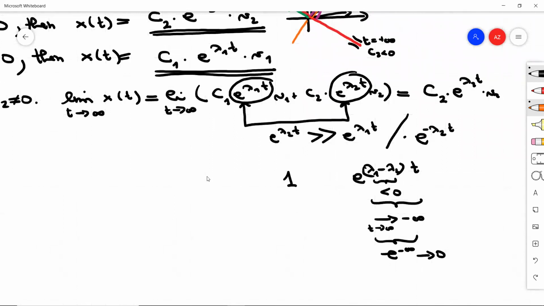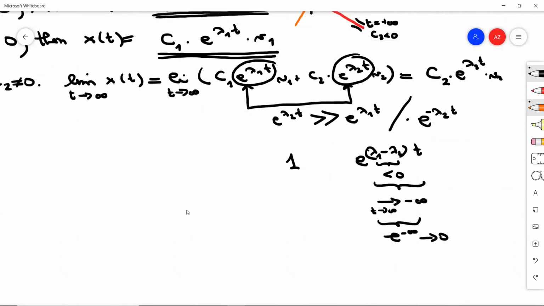And then to see the behavior of our curves, we will also compute the limit when t goes to minus infinity of x of t. Now I won't rewrite everything again, but if we observe the brackets above, when t goes to minus infinity, the lambda 2t part will be negligible compared to lambda 1t because it will be much more negative.